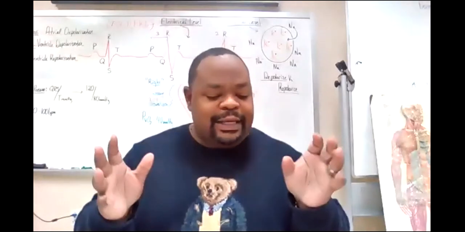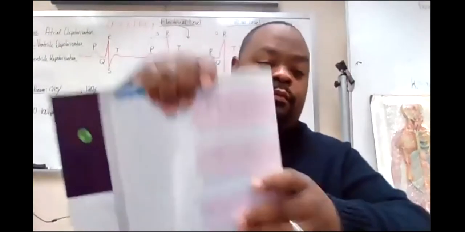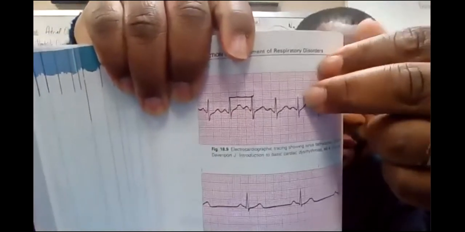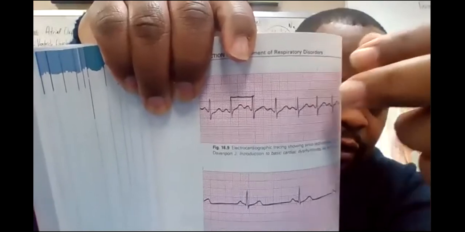Now, what if my boxes differ? Let's look at this next one on page 360. Without looking at the answer, let's just look at the wave first. This one here. So let's count now how many large boxes are between these R's.